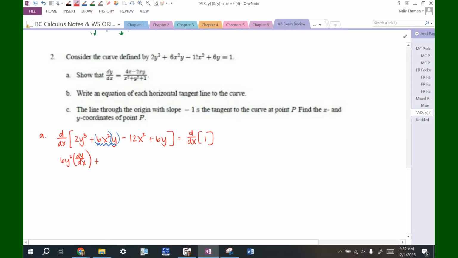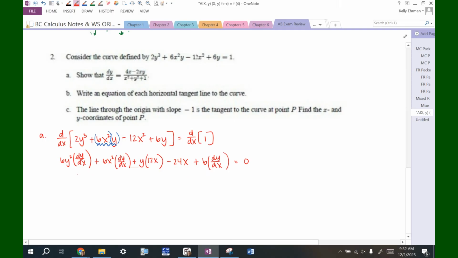So plus first times derivative of the second plus second times derivative of the first. This is 12x. You can switch the order of those terms if you want. They're both addition. The derivative of minus 12x squared is minus 24x. The derivative of 6y is 6 dy dx. On the other side, the derivative of a constant is 0.